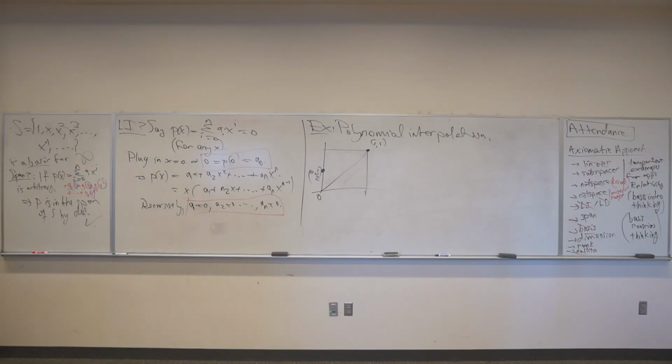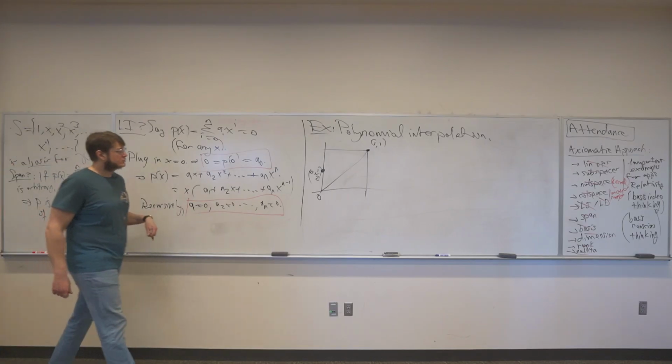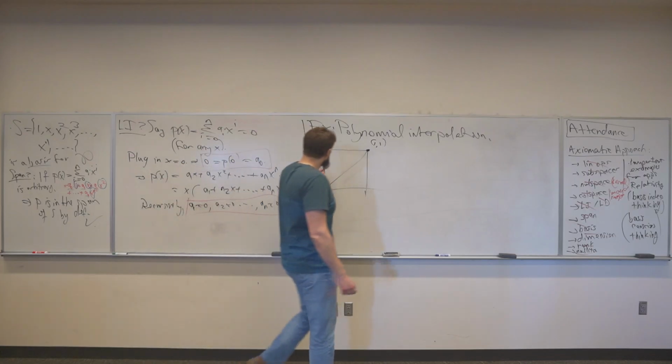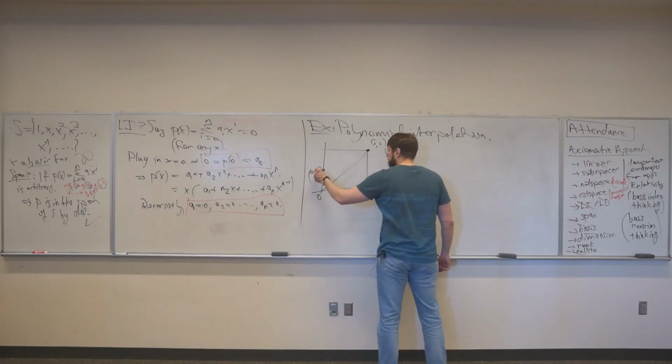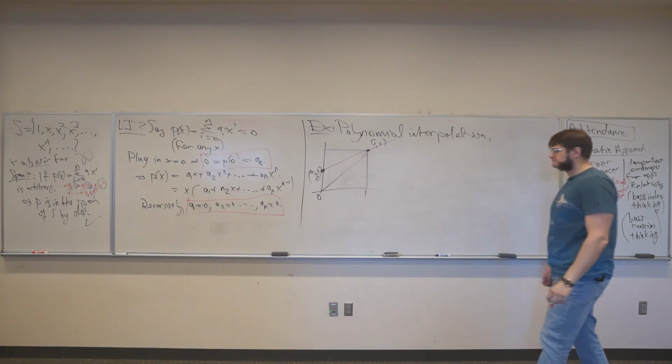Well, if you're given 2 points, I hope you would agree with me that there's a unique line passing through both of these points. So linear interpolation would require that you come up with this line.